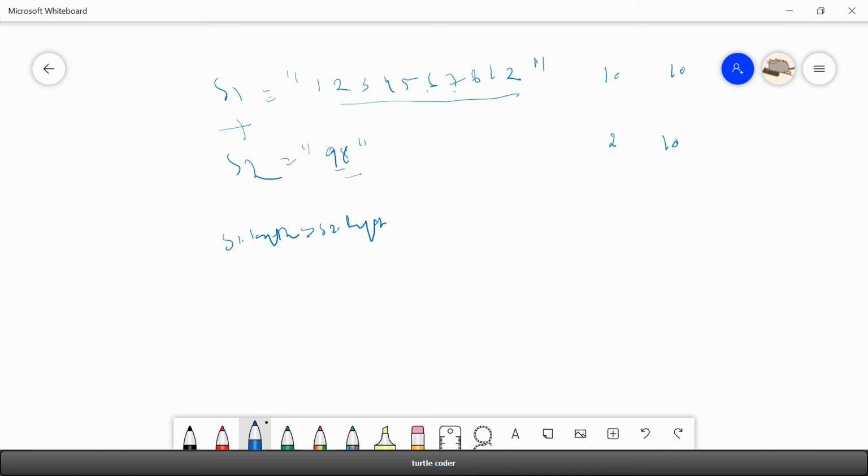So my S3 would be at most the maximum of S1 dot length or S2 dot length plus 1. You're getting my point. So in the worst case, S3 should have at most 11 characters. That for sure I know. This is the one point that I am trying to consider.